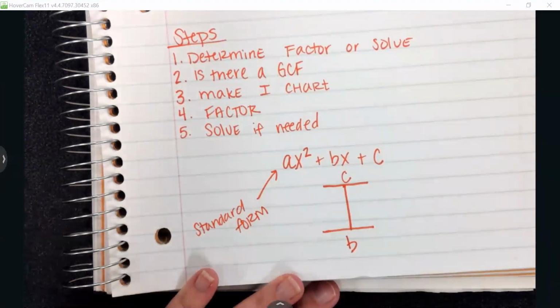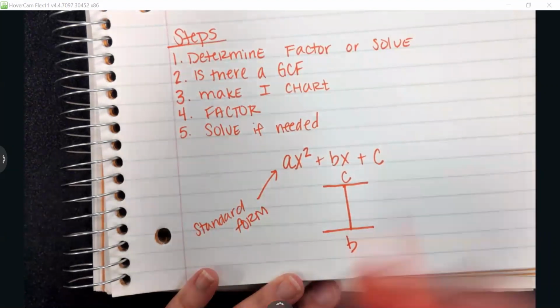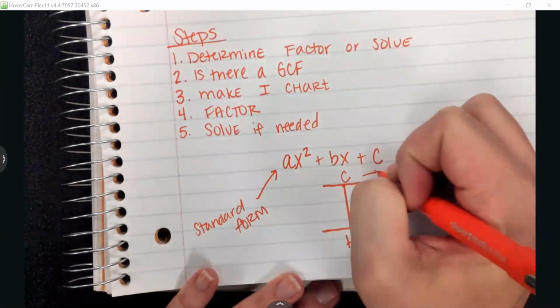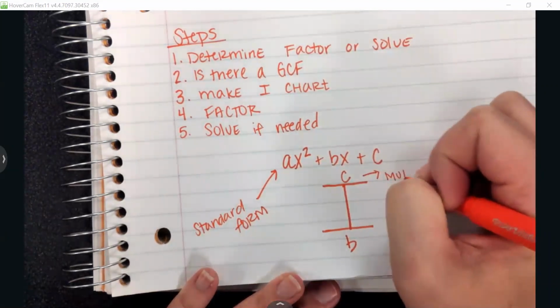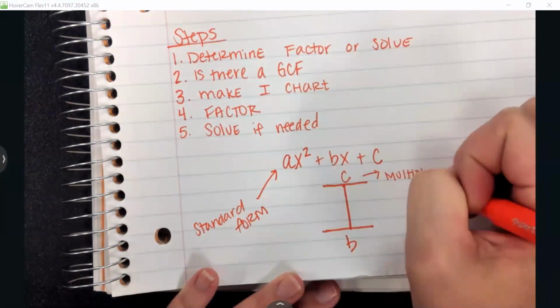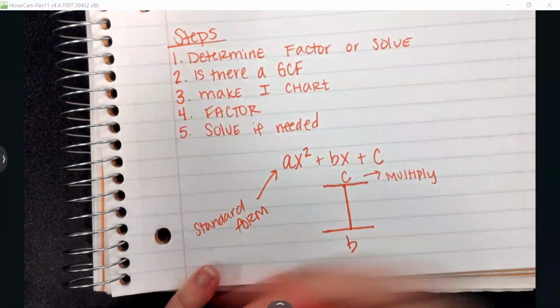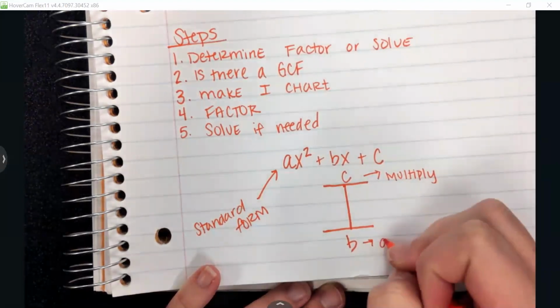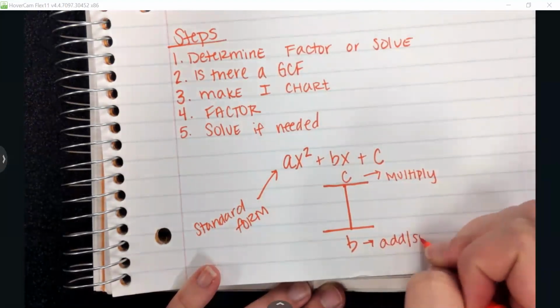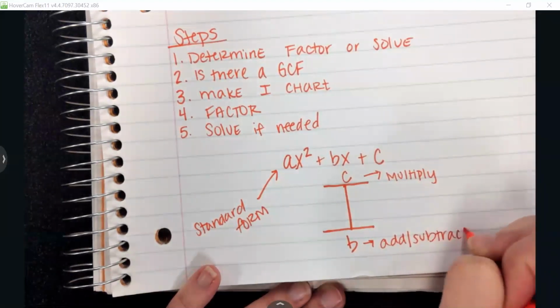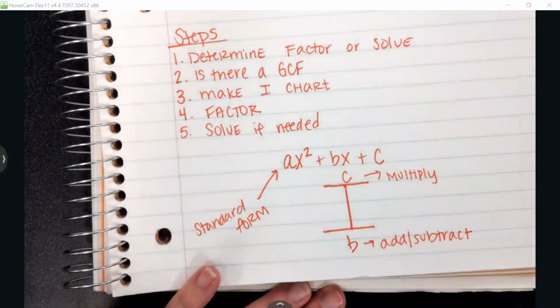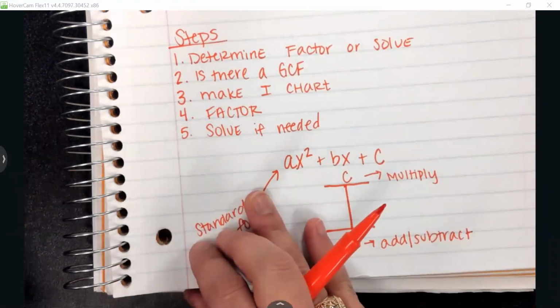B bottom, okay? The letter C is what we use to multiply, and I know it's not making sense right now. It will in just a minute. The letter B is add or subtract. That's all you can do. Multiply at the top, add or subtract at the bottom. Okay?